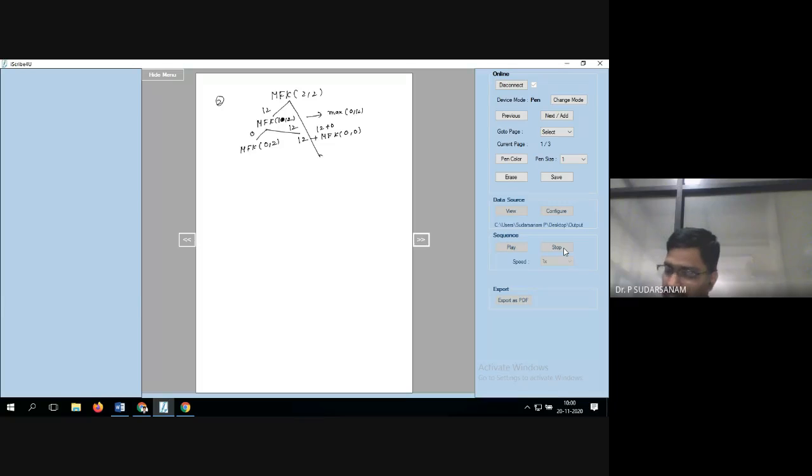So V2 is nothing but the right hand side, we also have to do it. Everything you have to do recursively. So that is nothing but 10 plus MFK of i minus 1. Just listen here for one second, then you can copy it. i minus 1 is nothing but 1 minus 1. Next one is j minus w of i.